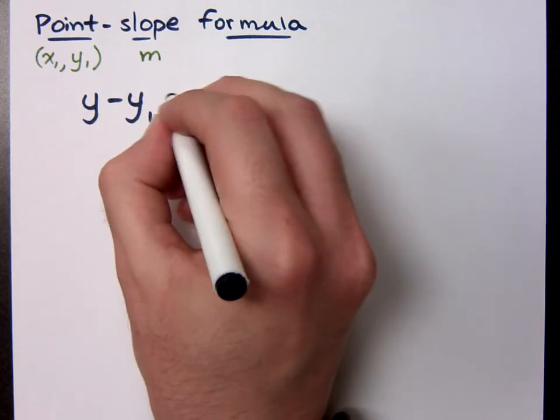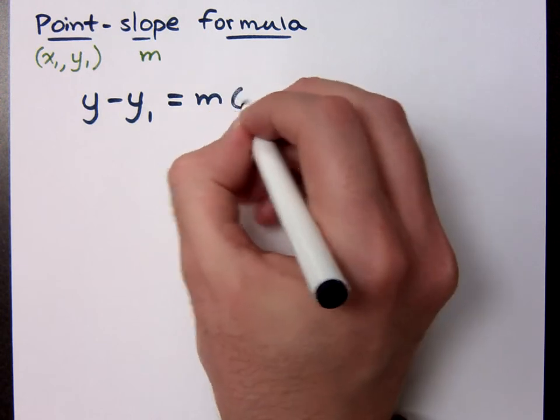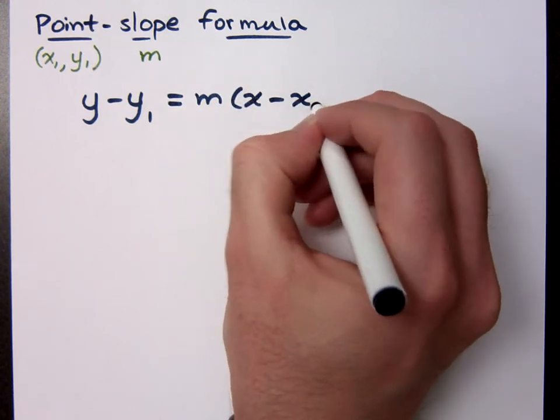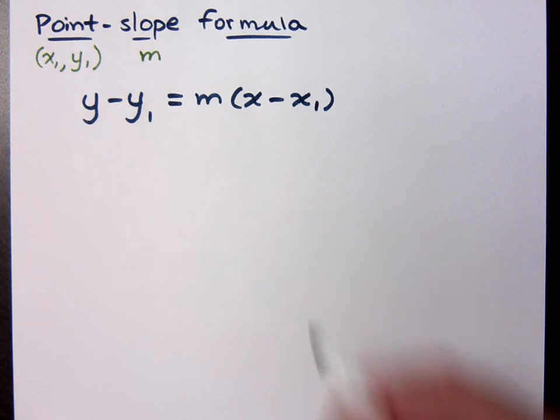Y minus y1 equals m times x minus x1. So you plug in what you know, and you've got your equation.